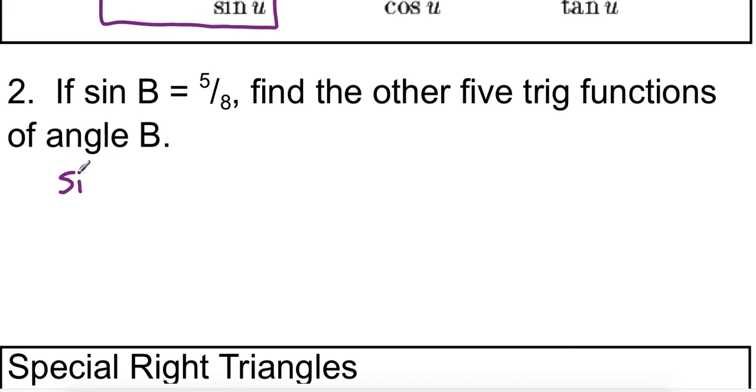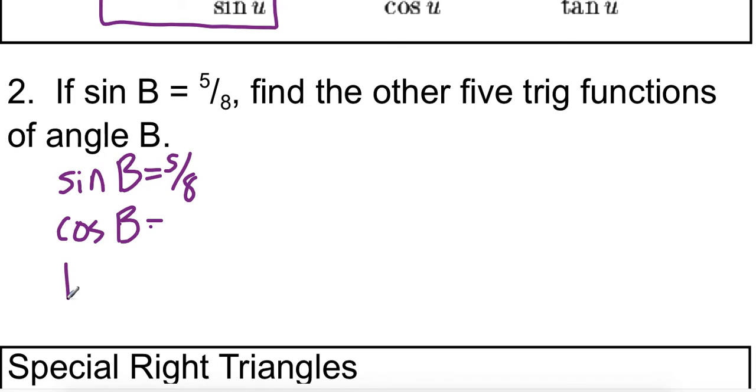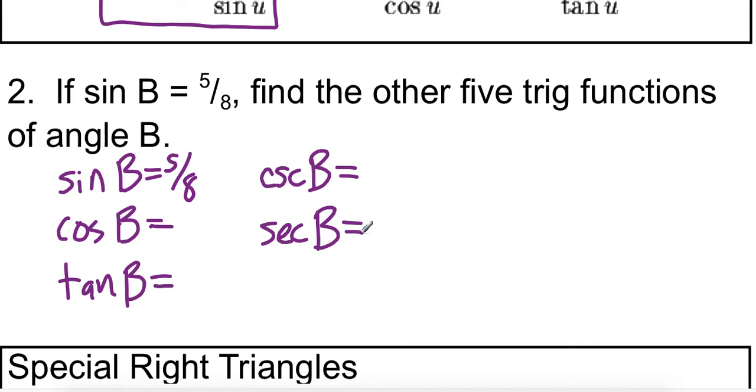We want to know what cosine of B is, tangent of B, cosecant of B, secant of B, and cotangent of B. Now, one of these is super easy to find. Remember, sine and cosecant are reciprocals of each other. So I know right away that cosecant is going to be 8/5. So we'll just put that one there.